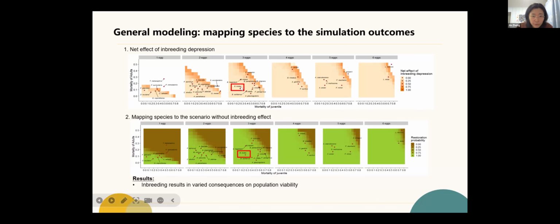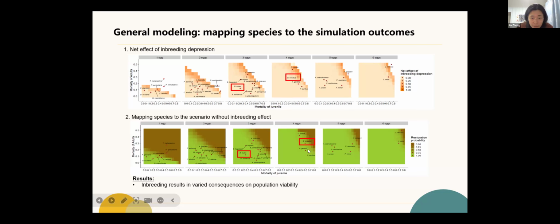For example, this species barely gets any influence from inbreeding, with a value of about 0.0. It originally has a high chance to recover, and inbreeding does not affect it much.